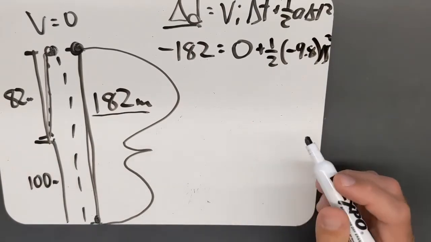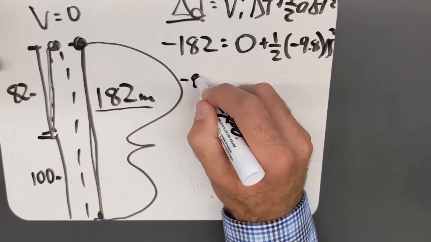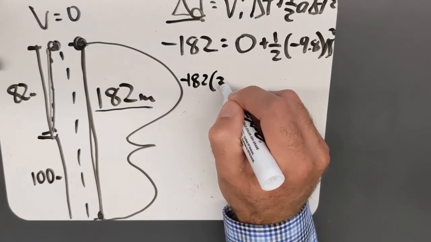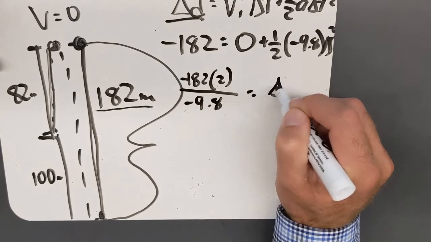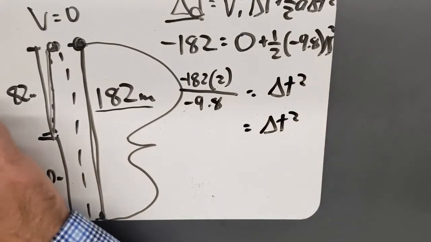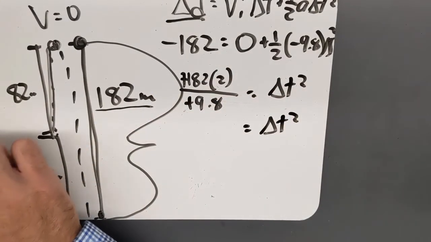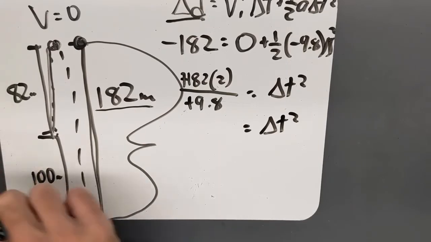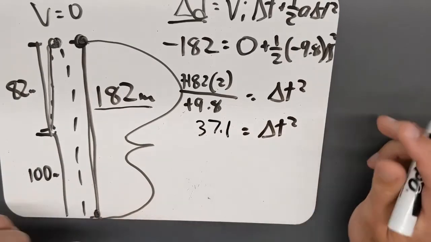All right, so let's do some algebra here. The 2 gets multiplied over. Negative 182 times 2. I divide by negative 9.8, and I'm left with delta T squared. So delta T squared equals, the negative signs cancel out, 182 times 2 divided by 9.8, and I have 37.1.